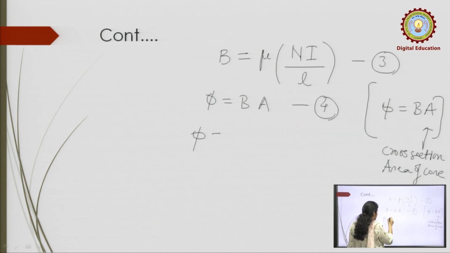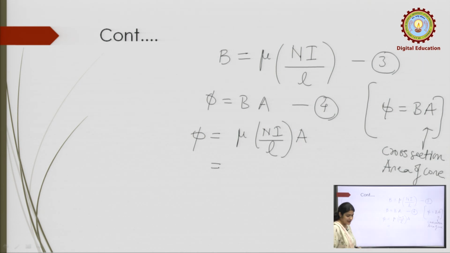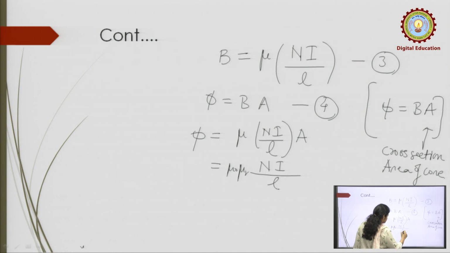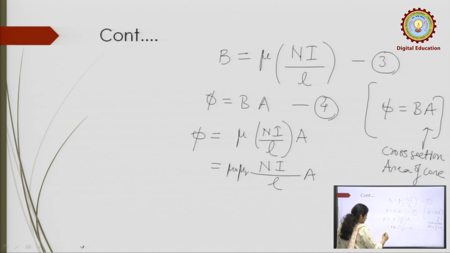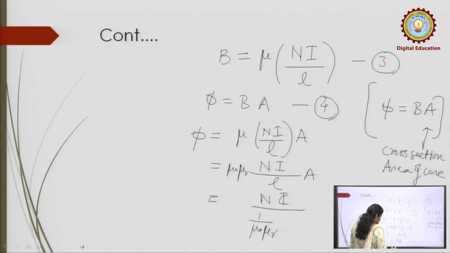So, phi is equal to mu N I divided by L A. Okay. And this can be written as L by A.